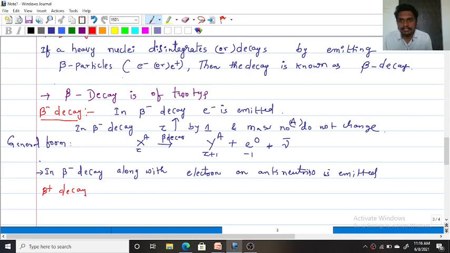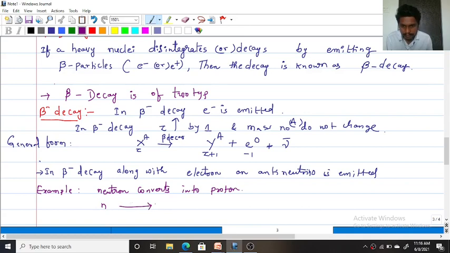Before going to discuss beta plus decay, I'll give one example of beta minus decay. The example of beta minus decay is when a neutron converts into a proton.